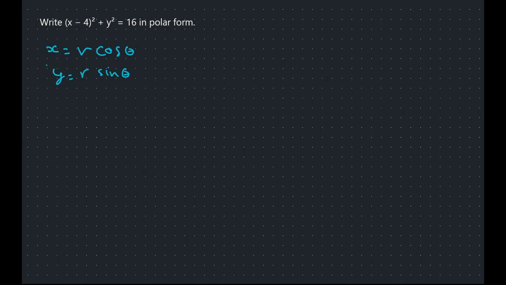So let's do it to this equation right here. So in place of x, of course, we will put r cosine theta minus 4 all squared plus, instead of y, we will put r sine theta and all is also squared, and this is equal to 16.